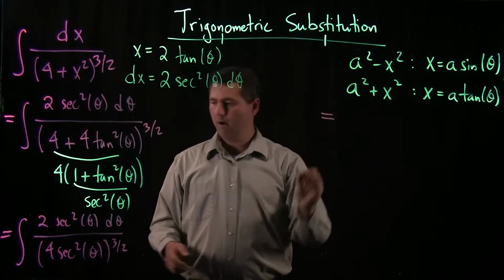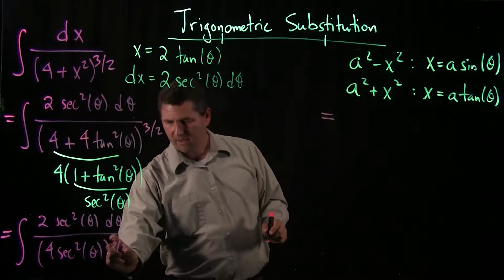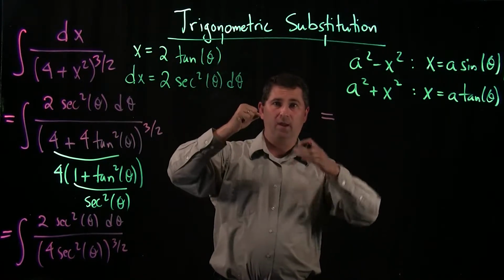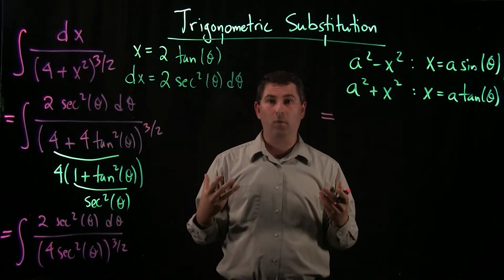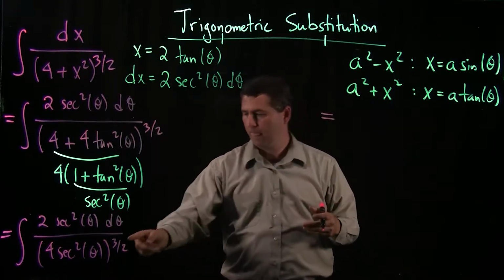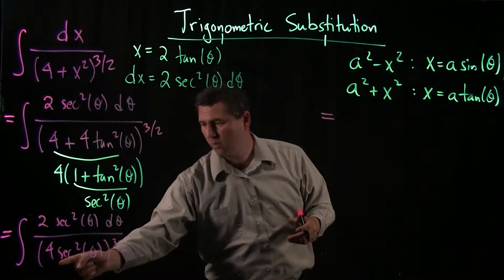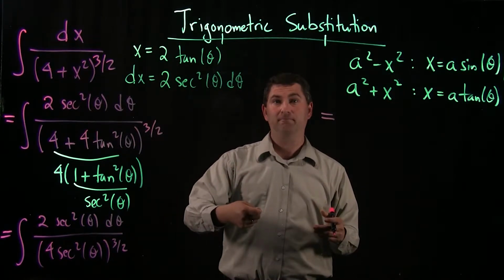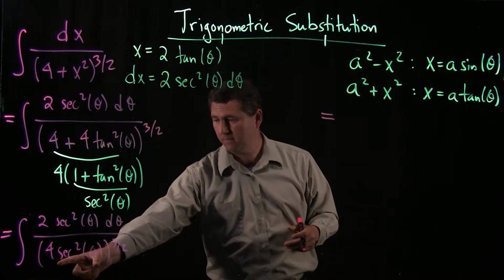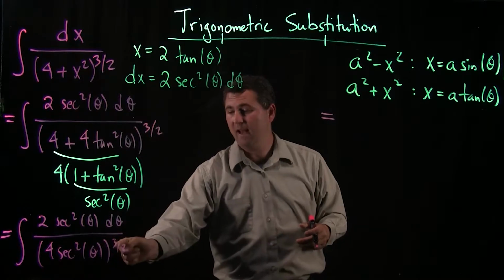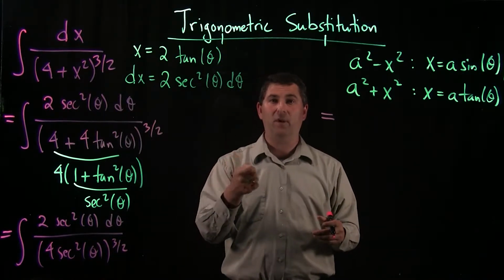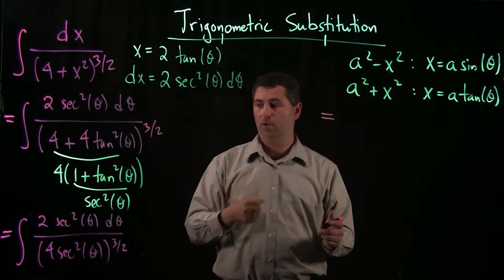Let's jump over here. So first, when I take the 3/2 power, the 3 part means a cube, and the half power means take a square root. Let's do the square root first. If I take the square root of 4 secant squared, I'm going to get 2 secant. So this bit will give me 2 secant of theta, and then I need to cube it. When I cube 2 secant, I'm going to get 8 secant cubed.